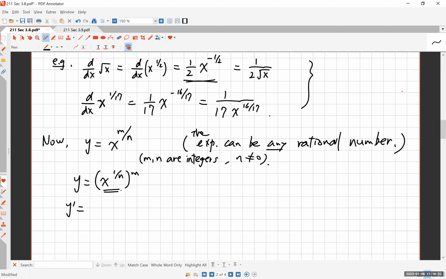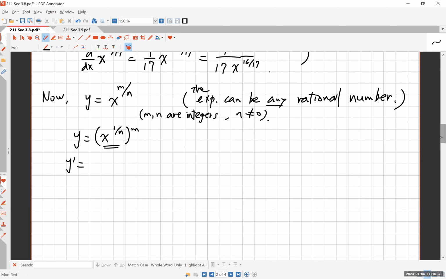We know the derivative of the inside function, and m is an integer, so we can use the simple power rule we learned first. It's m times x to the 1 over n to the m minus 1 times the derivative of the inside function. Remember the chain rule. So this is multiplied by the derivative of the inside, which is 1 over n, x to the 1 over n minus 1.